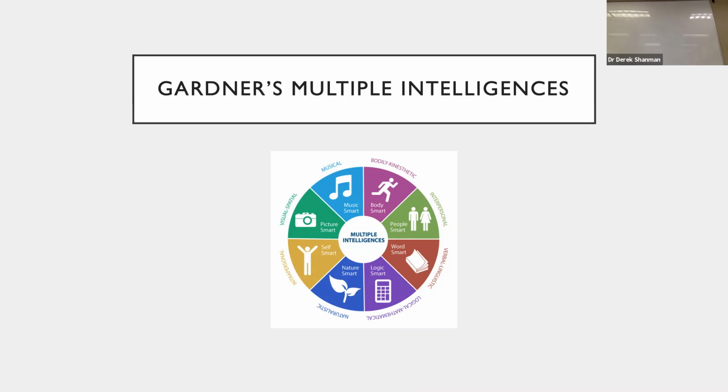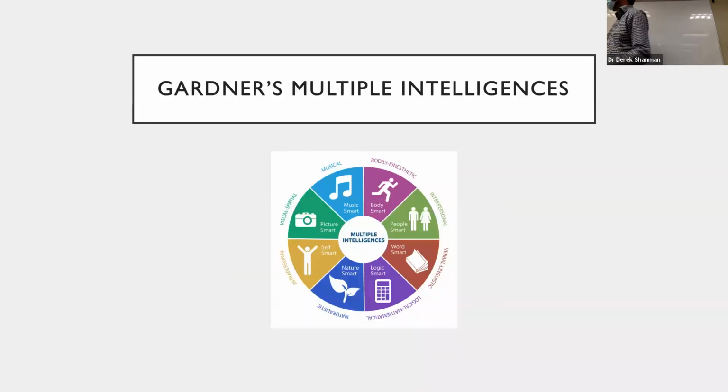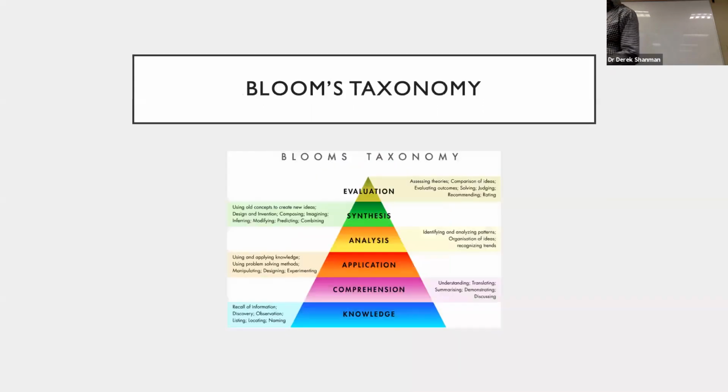I don't think that it is appropriate for us to look at either Bloom's taxonomy or Gardner's multiple intelligences as a static picture of a child. Rather, what we can try to do is say, okay, let's say that my child is good at something on the comprehension level.